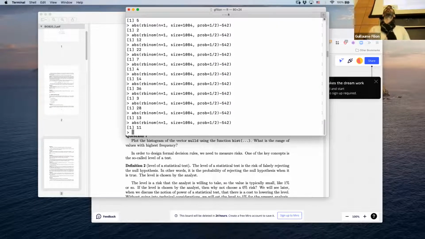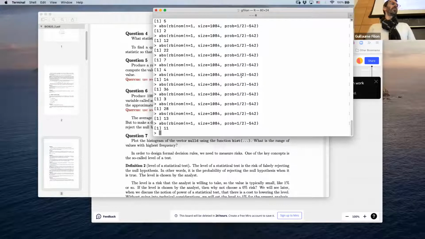Yes? That's a good question. Should we use the mean with digits or without digits? You should use the mean with the digits, as it is the normal mean. But here, 1084 is an even number, so the expectation is exactly 542.